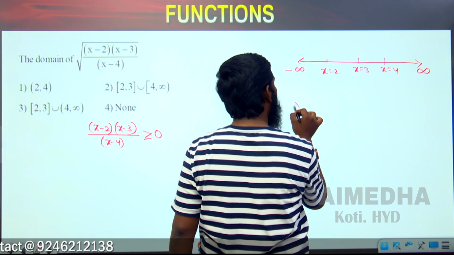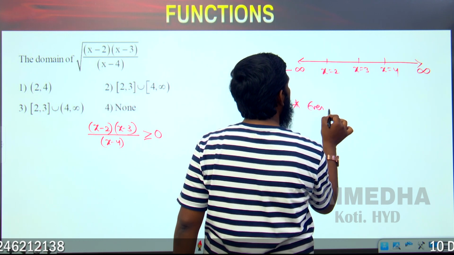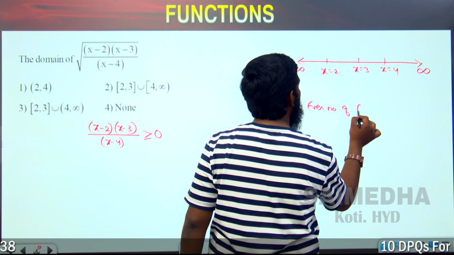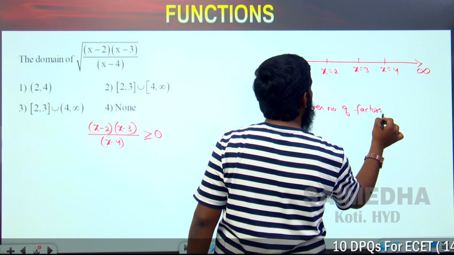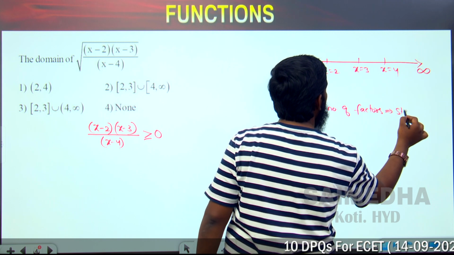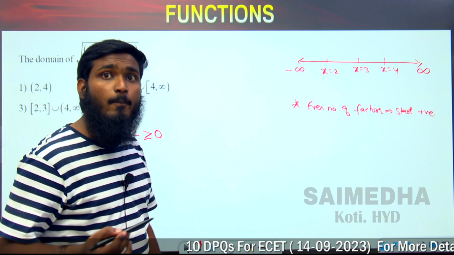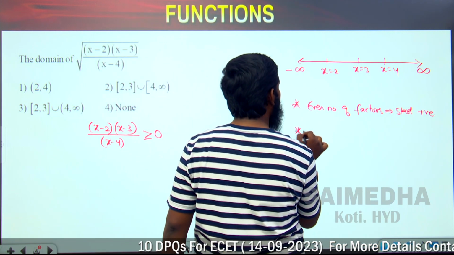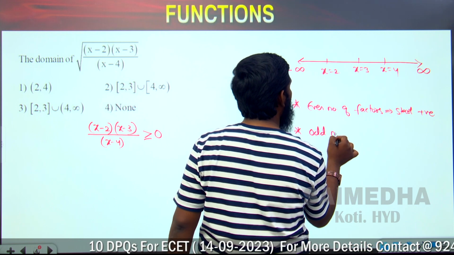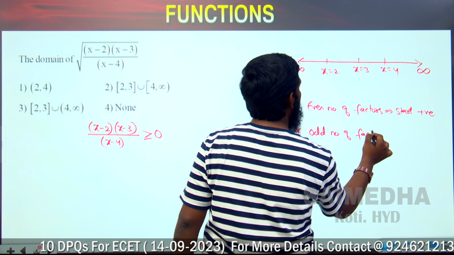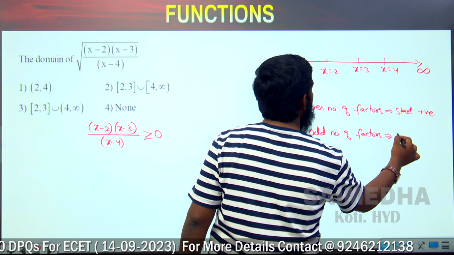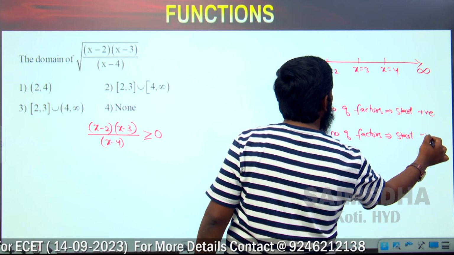Now I'll tell you one important point. Whenever we have an even number of factors, we start with a positive sign. Whenever we have an odd number of factors, we start with a negative sign.